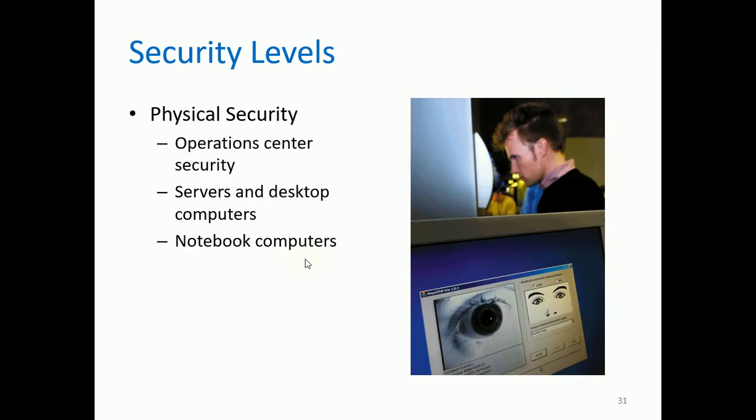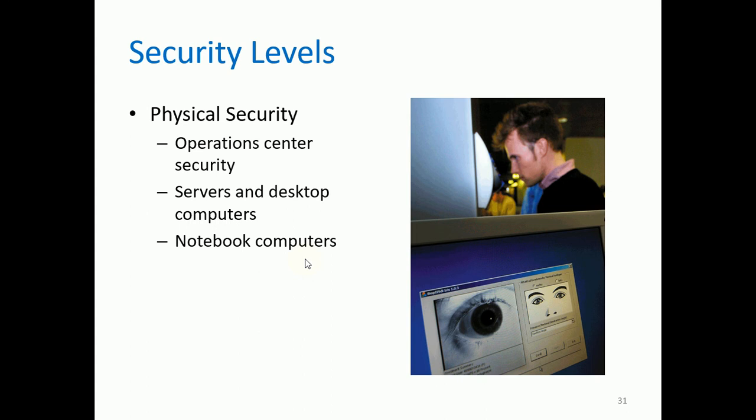So what are the ways to control physical access to a computer? We have operation center security using biometrics, your eyes or your fingerprint. Servers and desktop computers must be guarded in a room, with a person in charge who will be monitoring.